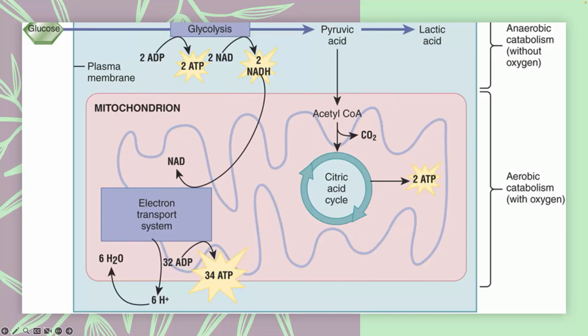More NADHs, more FADH2s, all of that is then shoved over to the electron transport chain, and it dives down that, and O2 goes at the bottom of it, and that forms the water. But that's how we get 34 ATP. It's inside that process that we get our energy.